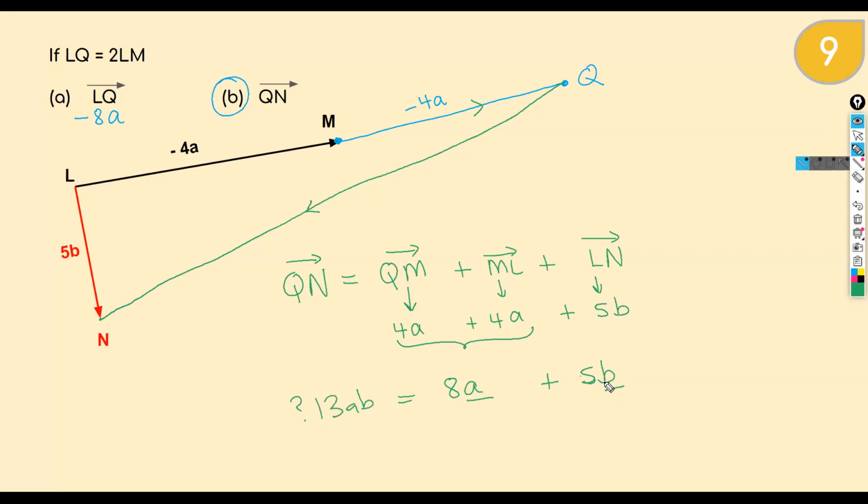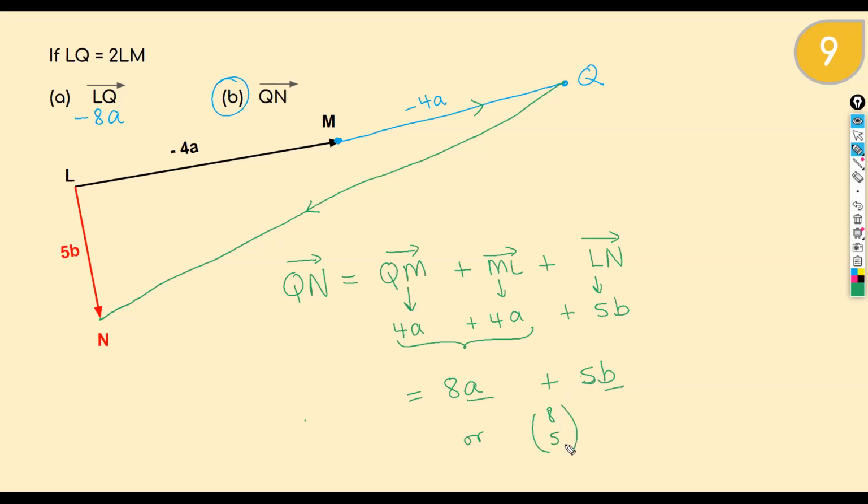8a cannot be squished together with 5b. a and b are 2 completely different letters. This here is your final answer. And some people did this: 8, 5. Is this one okay? We are not multiplying. This is adding, right? 8a plus 5b.